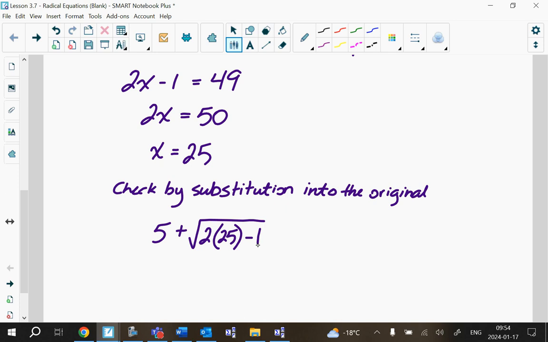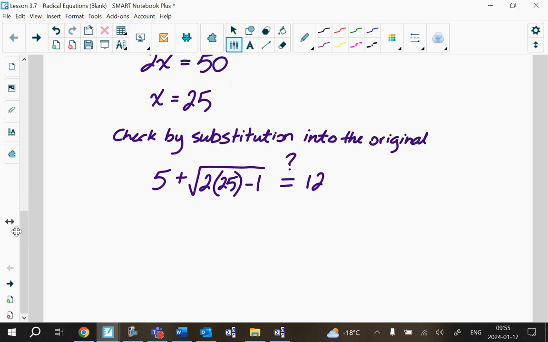Does that equal, so I put a question mark over the equal sign, 12? If it does, it's a good solution. If it doesn't, there's no solution. So let's calculate this side. 2 times 25 minus 1. Square root plus 5. It's good. Which means this is a good solution. It works.